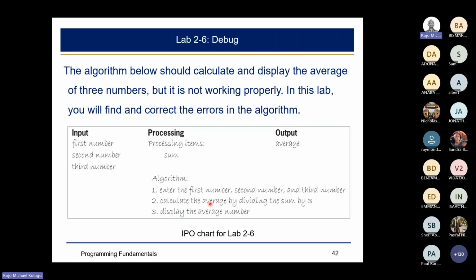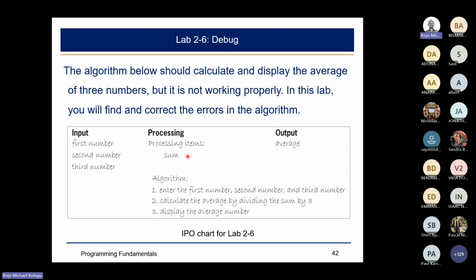Look at it closely. It says that the algorithm should calculate and display the average of 3 numbers. So you're finding the average of 3 numbers. Does this IPO allow that to work? Let's find out. So you have first number, second number, and third number. The processing that you perform here is you simply find the sum of the 3 numbers.